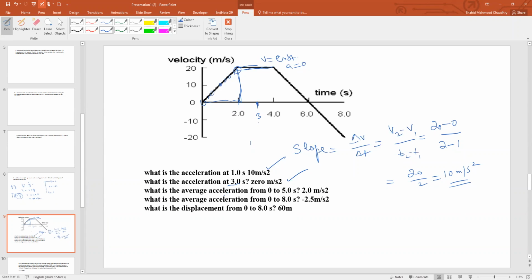What is the average acceleration from 0 to 5 seconds? From here to here, here is 5 seconds and here is 0 seconds. The average acceleration will be V2 minus V1 over T2 minus T1.